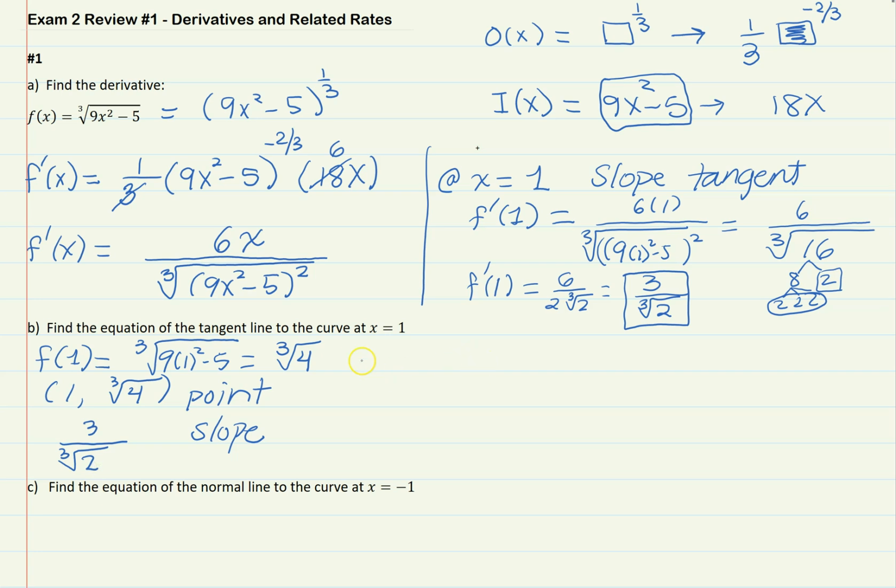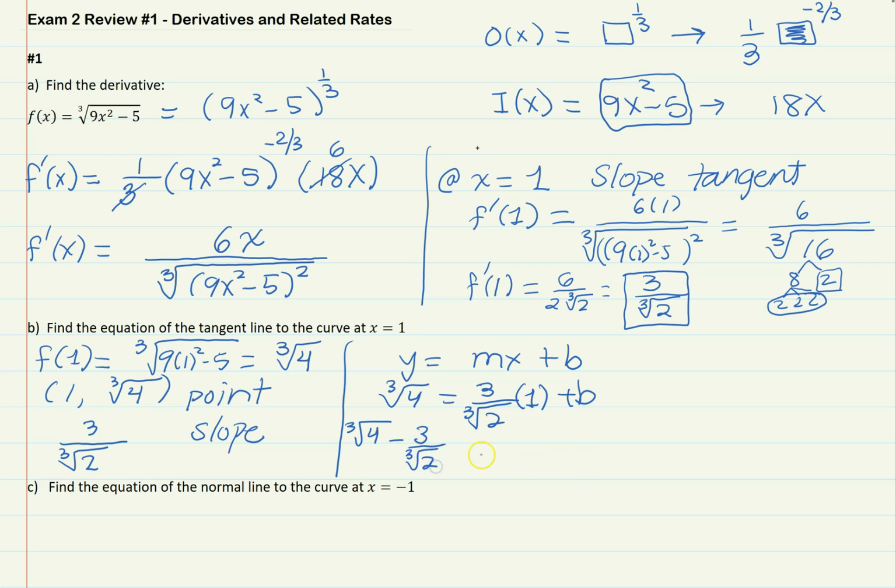Okay, so y equals mx plus b. Y is cube root of 4 equals m, which is 3 over cube root of 2, times x, which is 1, plus b. So b is going to be cube root of 4 minus 3 over cube root of 2. Now, if you write that using a common denominator of cube root of 2, then we have to multiply cube root of 4 by cube root of 2, which would give me cube root of 8, which is 2.